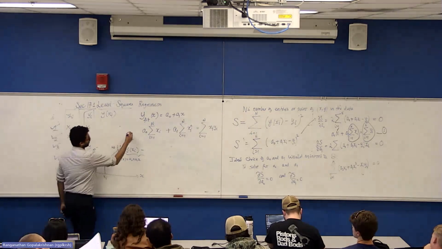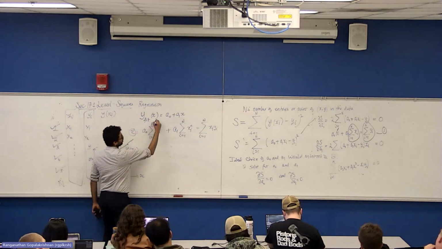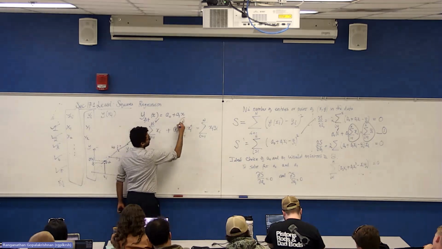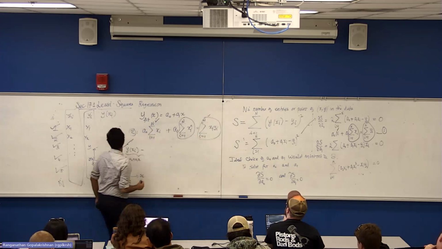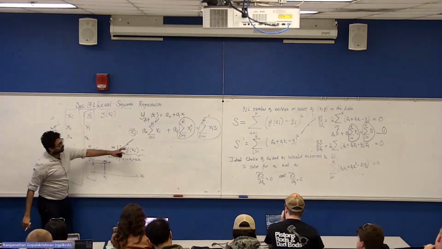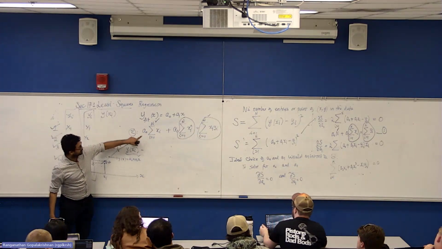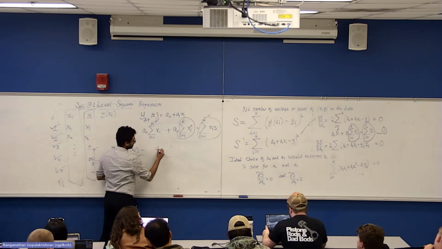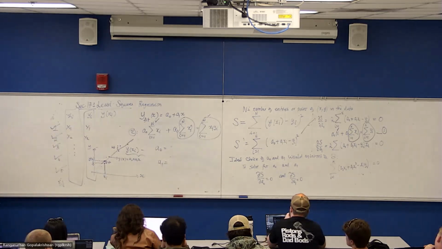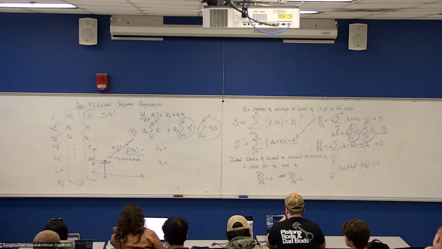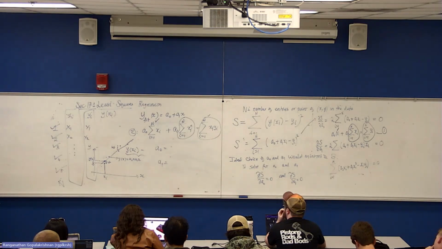So this is our second equation. This is a quantity that can be calculated. This can be calculated. And this can also be calculated. That is, if I give you xi, yi data, you can get everything that appears in these equations, and you can solve for a naught and a1. Are we okay? Yeah, do an example.